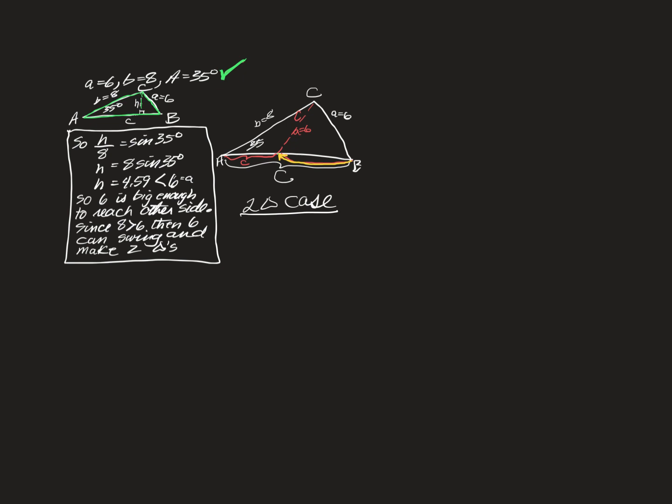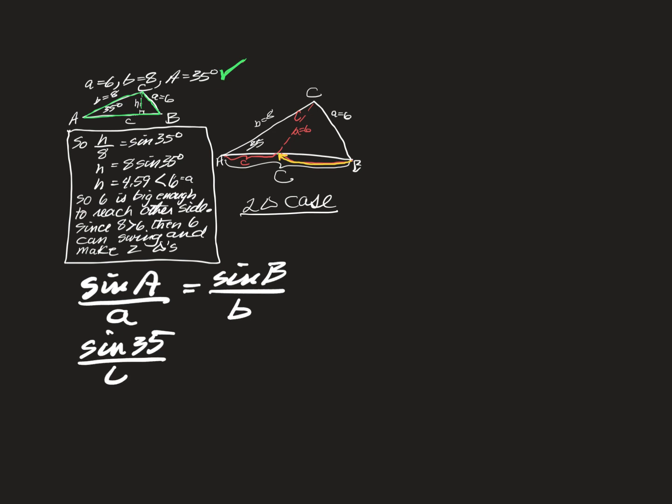Basically, we have everything we need, and so we can go sine of A over side A equals sine of B over side B. So that gives us the sine of 35 over 6 equals the sine of B over 8. And so that makes this 8 sine 35 over 6 equals sine B.